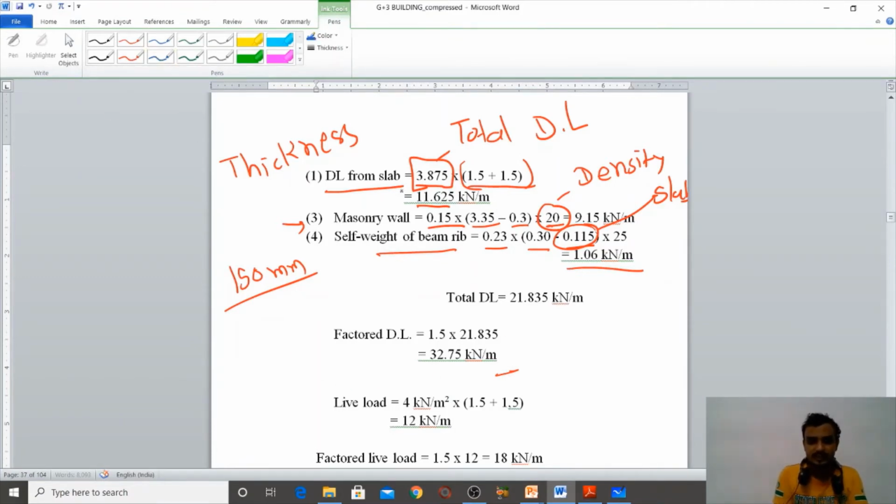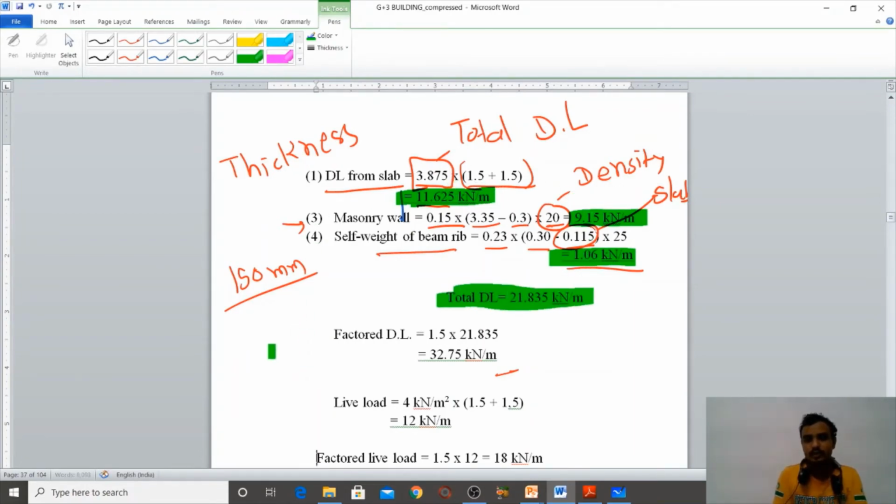So we have 3 values: first 11.62, second 9.50, and the third 1.06. Summing all these 3 values, we get the total dead load of 21.83 kilonewton per meter.